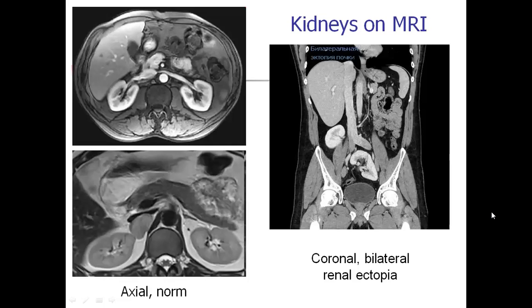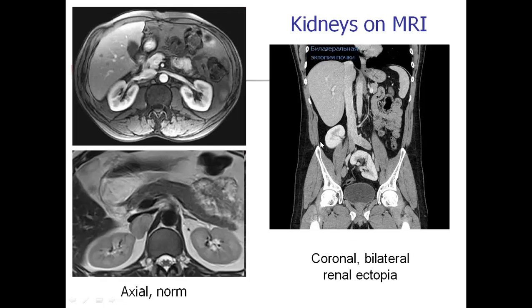For example, how kidneys look on MRI scan in T2 and T1 weighted imaging, in axial projection, and in coronal slices here. And these are normal kidneys, T2 and T1 weighted imaging. And here, an example of bilateral renal ectopia.